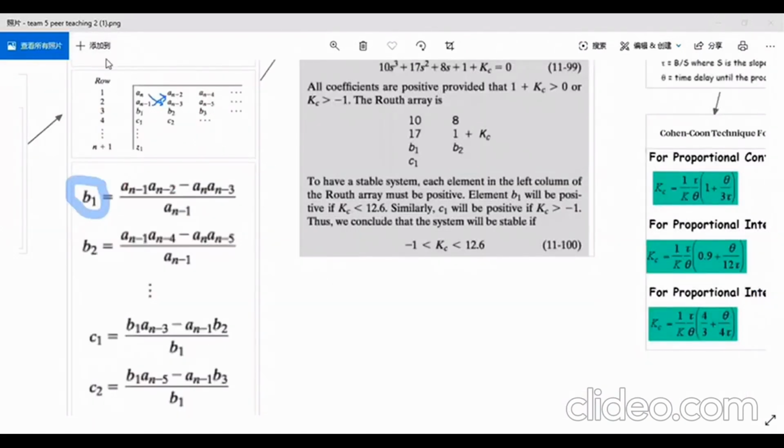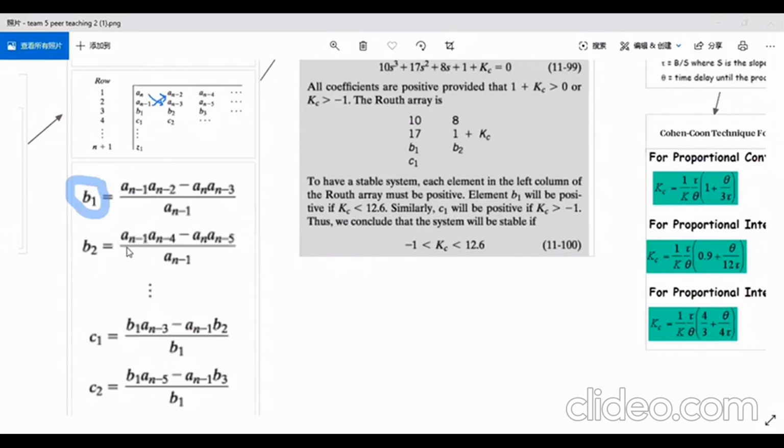So this is the Routh array, and you just need to construct this Routh array according to the polynomial. The terms a will be formed in the first and second row, and the third and fourth row are the unknown parameters that we need to decide. To decide the unknown parameters, B1 is minus the multiplication of this and this over the parameter of an minus 1.